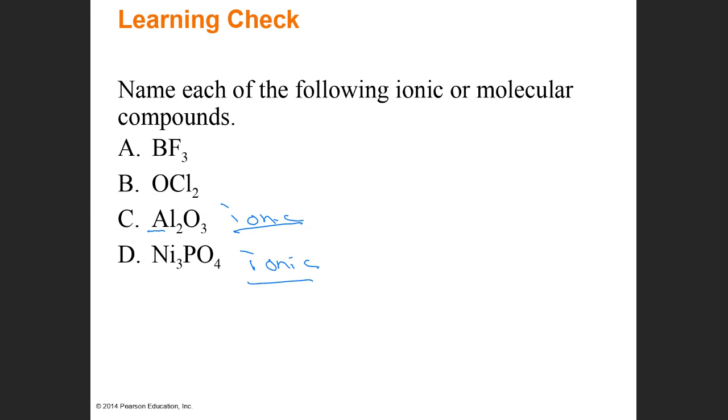So these are going to be named differently than these are. Different naming scheme. So for the top 2, we're going to use the prefixes. This one we already named in the last slide, so we know this again. This is boron trifluoride.